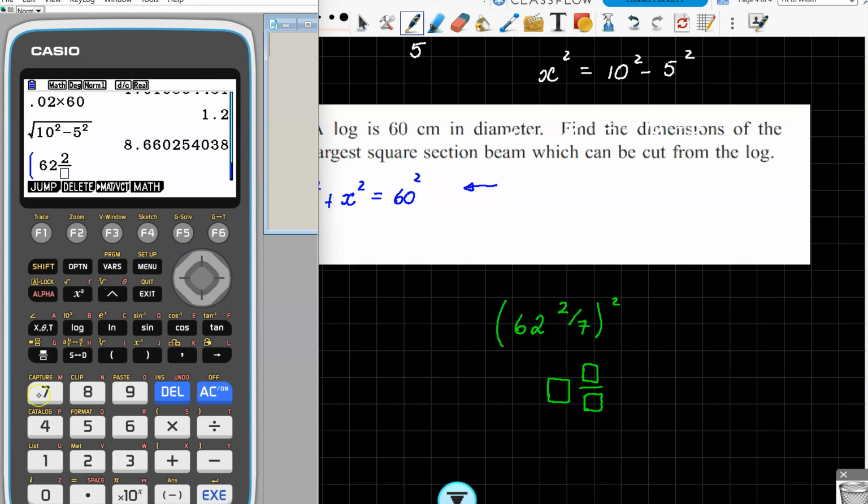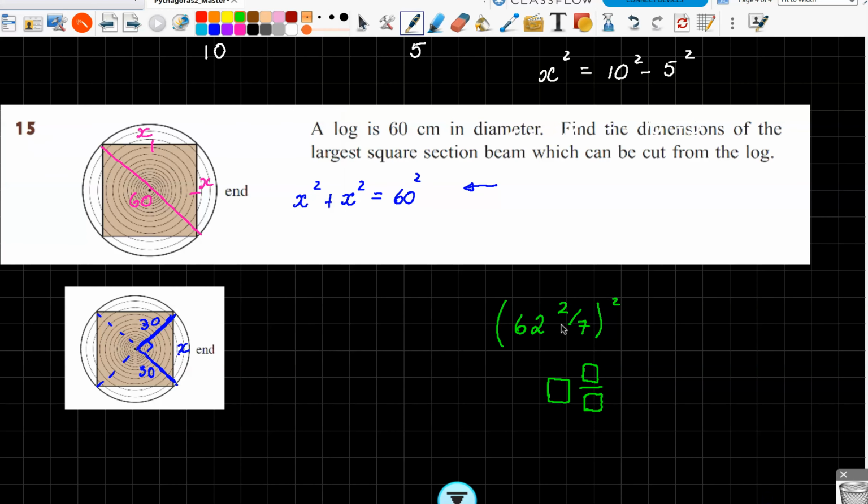What's happened in the past is some students have put a normal fraction, and then popped the 62 in front. And you'd get the wrong answer, because if you just tried going fraction button, 2/7, and then you put 62 in front there, your calculator will actually say 62 times 2/7, and that's not what this should be. It's 62 plus 2/7, okay?